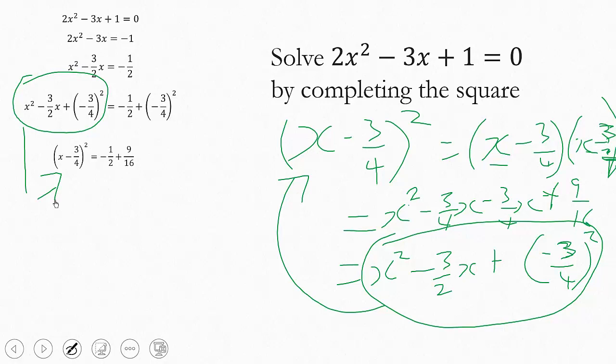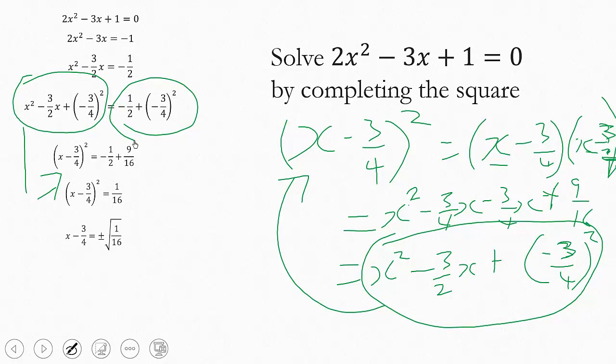Then we simplify on the right hand side. That will give us 1 over 16, because the LCM here is 16, and 2 goes into 16 8 times. So we get negative 8 plus 9, which is 1 over 16.